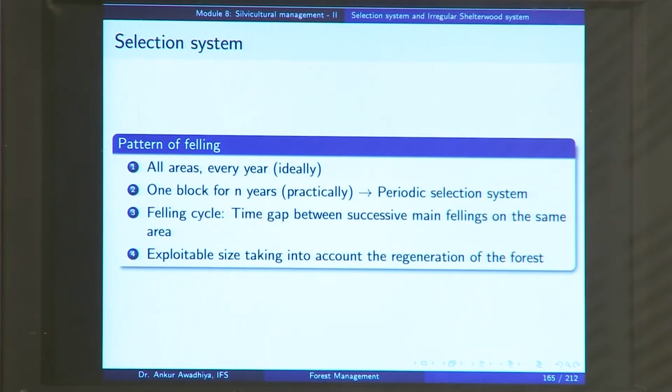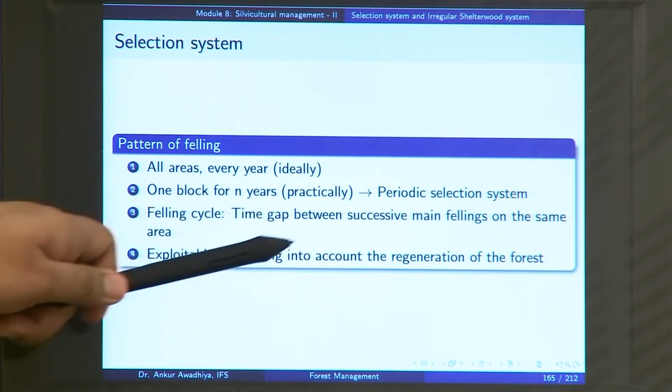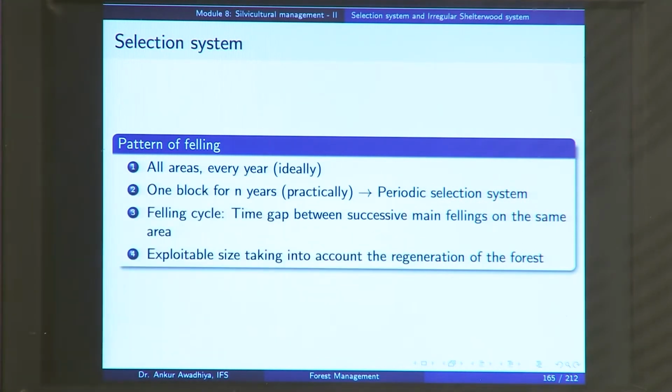So, the exploitable size or the selection DBH is determined taking into account the regeneration of the forest. So, if you have a less amount of regeneration, probably you will go for a higher DBH. If you have enough amount of regeneration, then probably you can reduce your DBH and probably take out more trees from this forest.